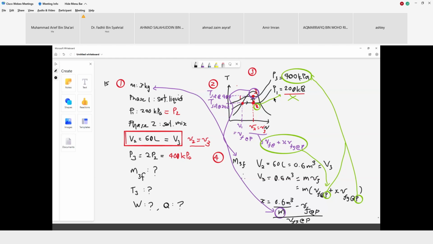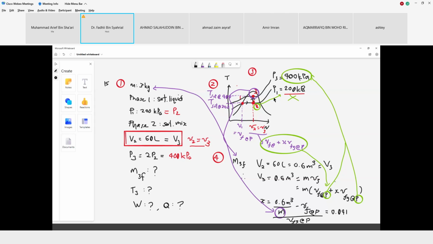So the answer should be 0.041. So we solve for the question A.